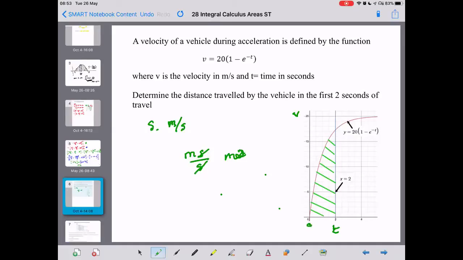So if we start off at 0, if we have our limits at 0 and 2, and we find that area, we're finding the distance travelled in that amount of time.